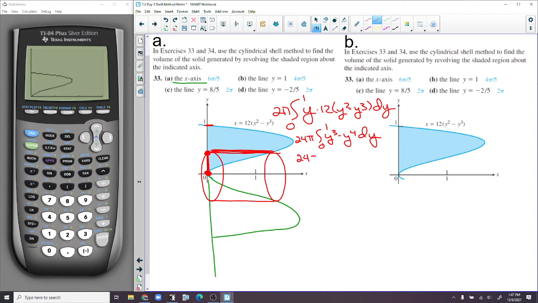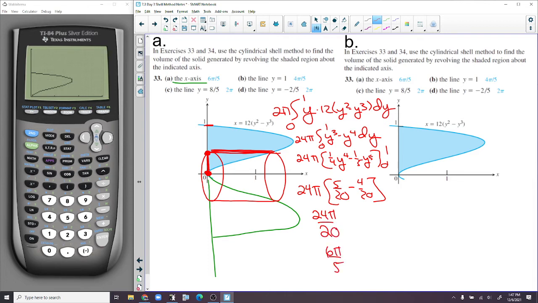So 24 pi, 1/4 y to the fourth minus 1/5 y to the fifth, 0 to 1, 24 pi, 1/4, which is 5/20, minus 1/5, which is 4/20. So 24 pi over 20, which is 6 pi over 5.